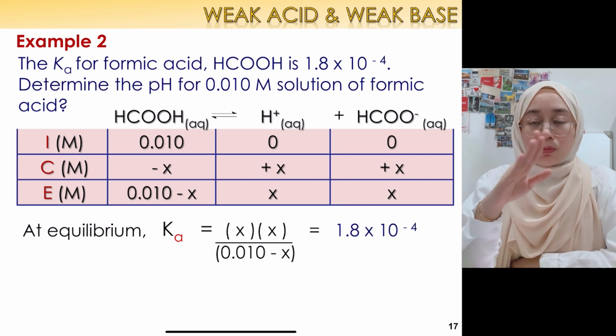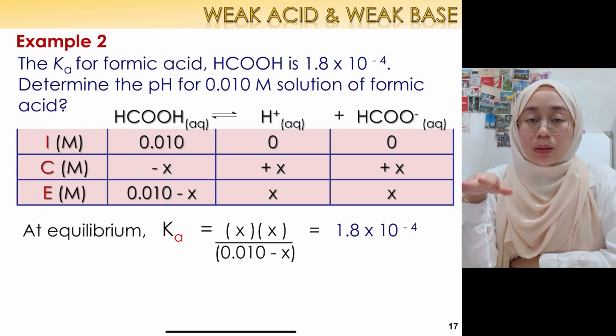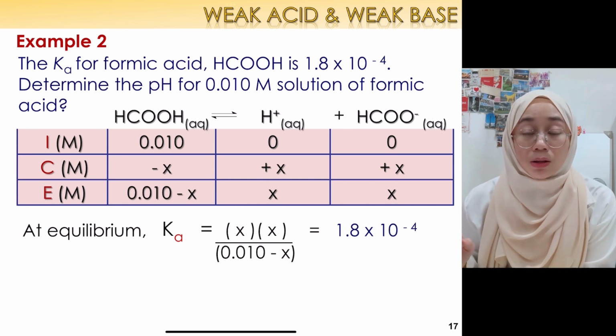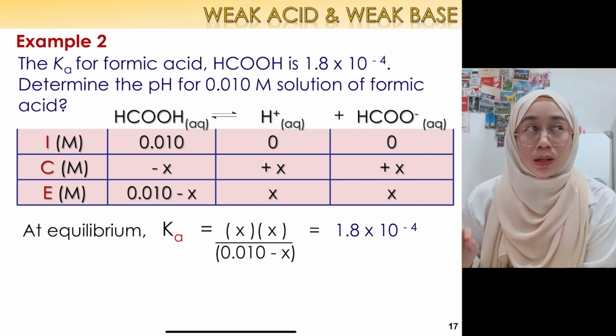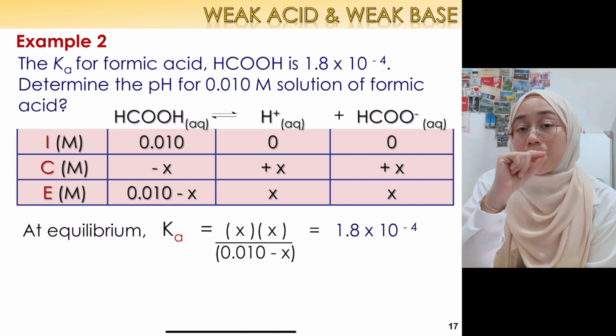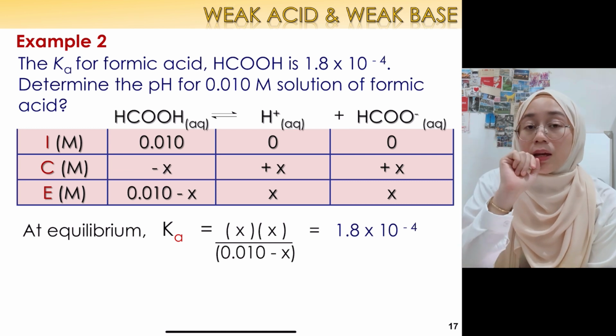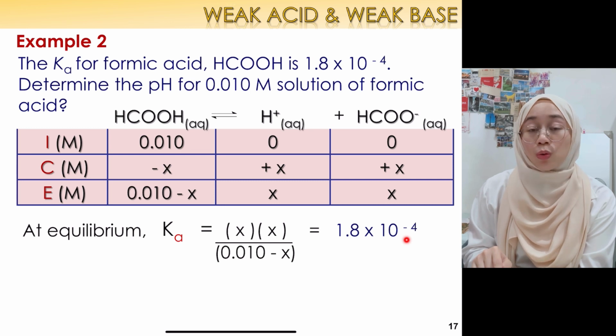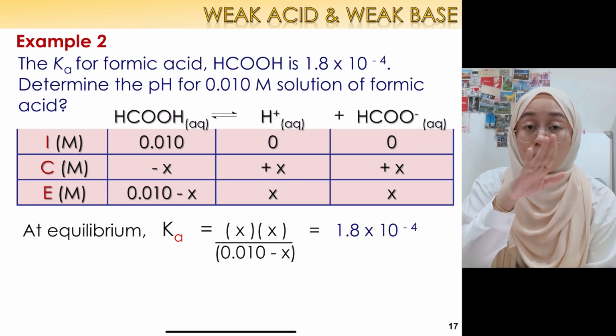If you don't want to assume, meaning kamu guna je cara quadratic equation macam biasa, semua soalan kamu guna macam tu, tak perlu assume pun, then it's fine, totally fine, because the answer will be like misalnya sikit je beza dia, sangat sikit, so still can be accepted. Okay, tapi bila yang macam ni yang negative 4, negative 3, negative 2, yang tu memang tak boleh assume. Yang tu memang tak boleh assume.